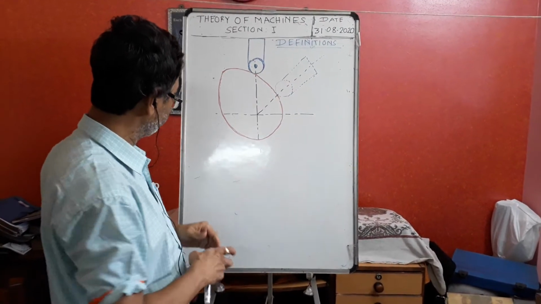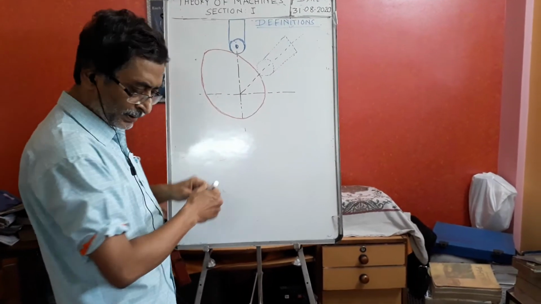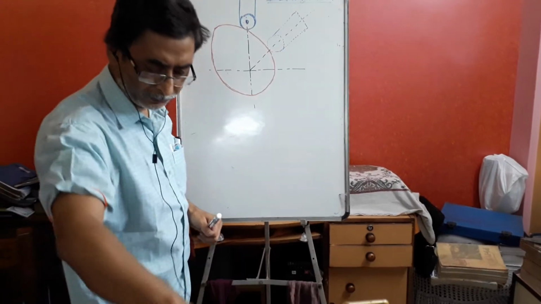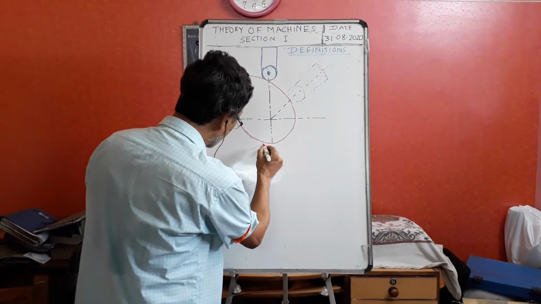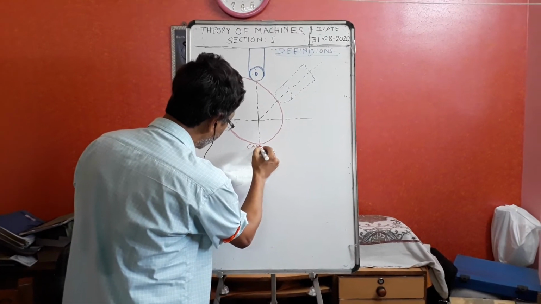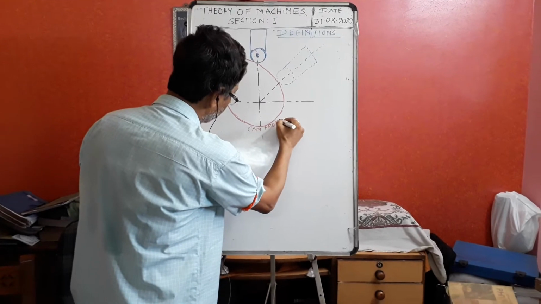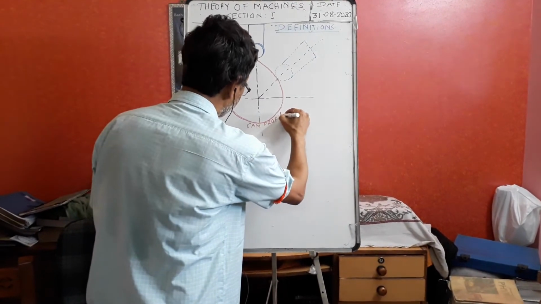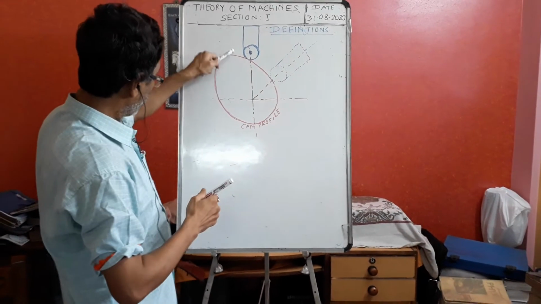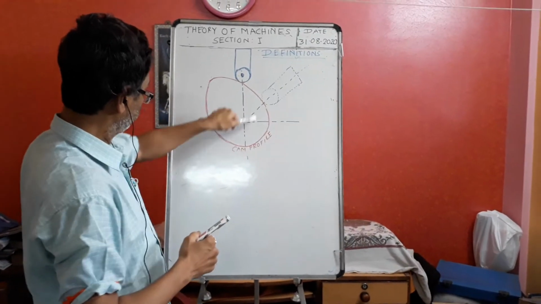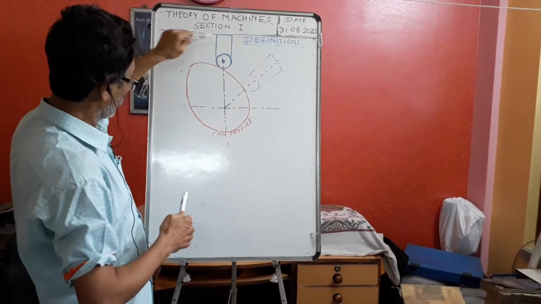The red color is called the cam profile, and the entire portion is the cam, and this is the follower.